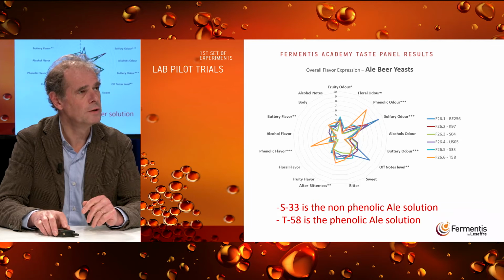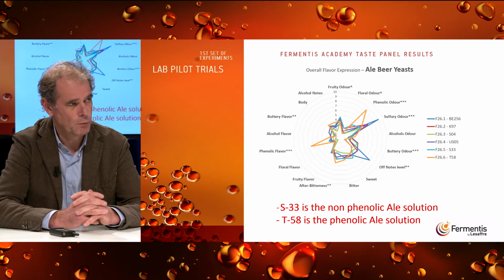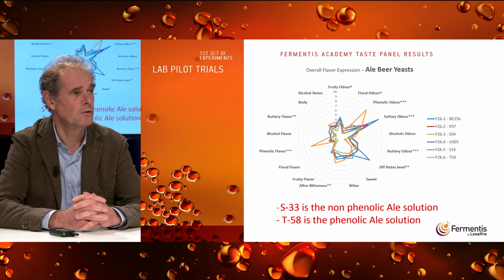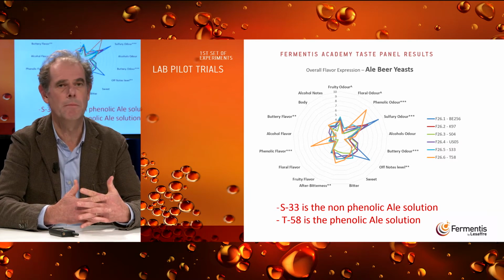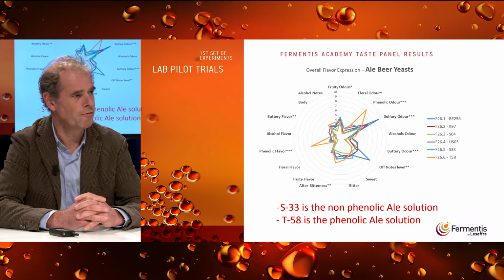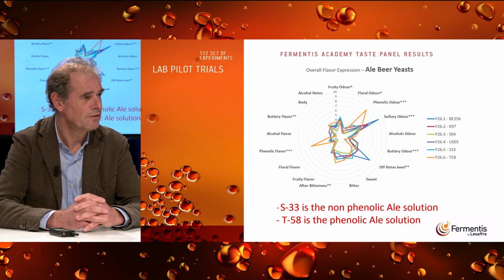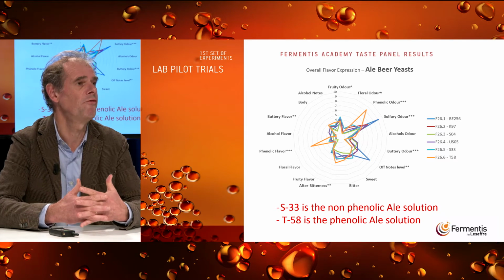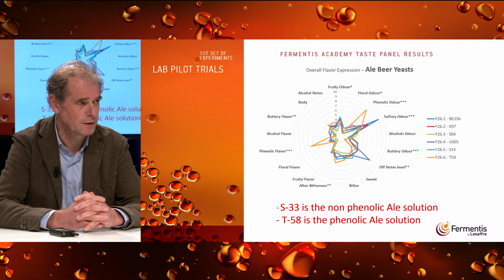If we look at the ale beers and compare them, we see big differences as well, because there is one that we identify immediately with a different profile, which is the SAF ale T58, with a phenolic and pronounced character.